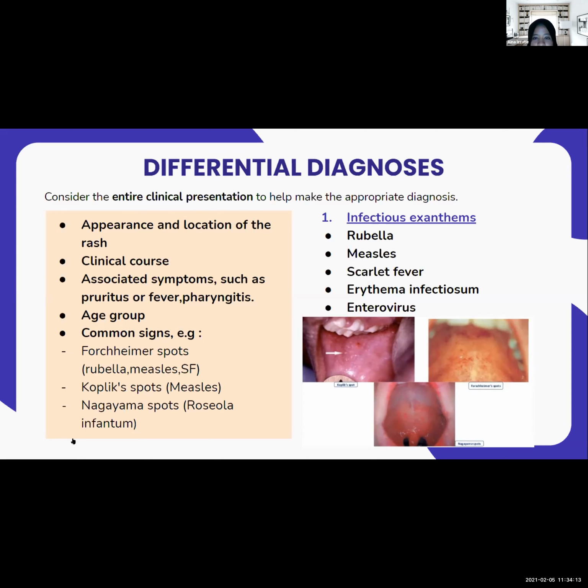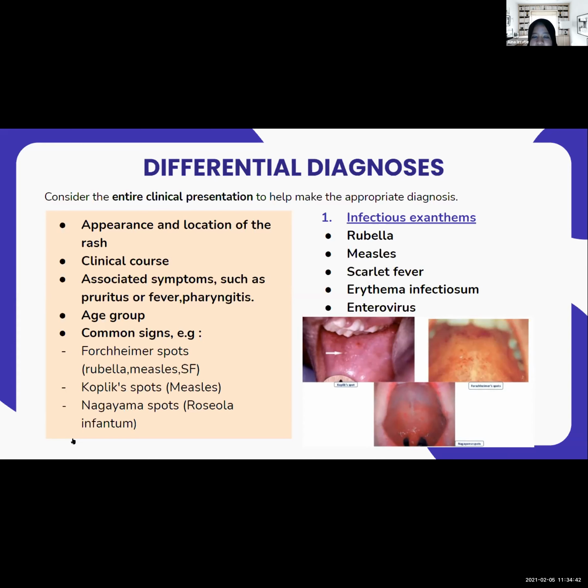For example, in Roseola infantum, the rash usually starts at the trunk and spreads to the extremities. And for erythema infectiosum, which is an infection by parvovirus, the rash is usually prominent on the cheeks. We also need to consider the clinical course, because a characteristic of Roseola infantum is that the rash appears after the fever.